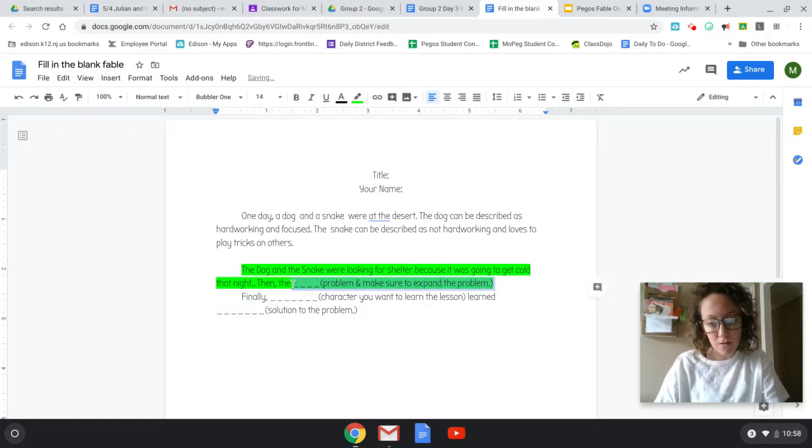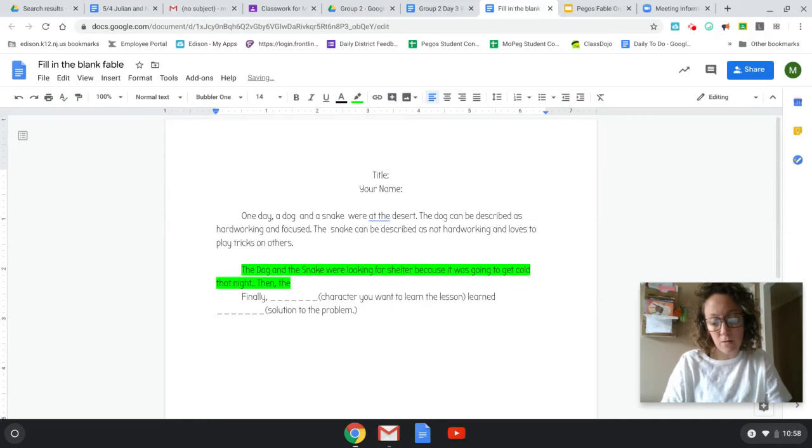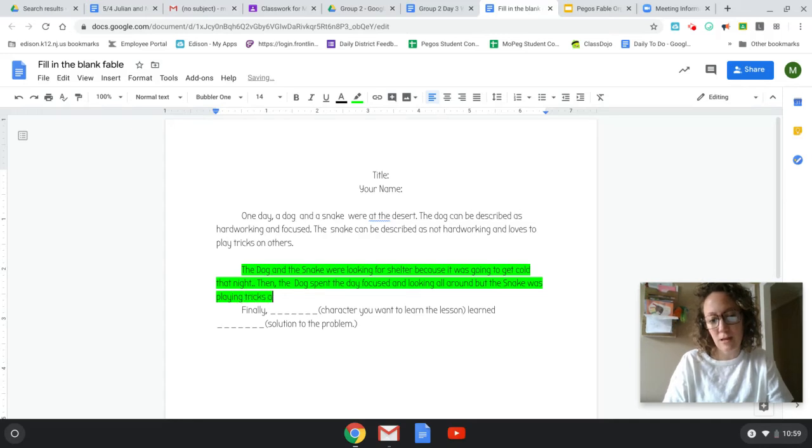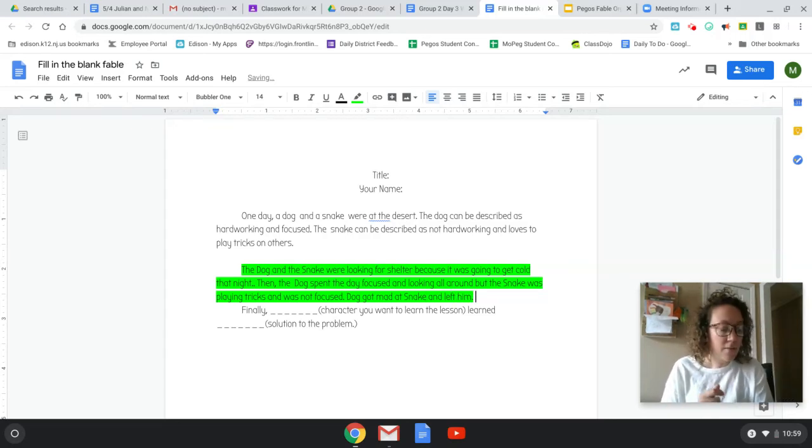So then the dog spent the day focused and looking all around, but the snake was playing tricks and was not focused. Dog got mad at snake and left him.